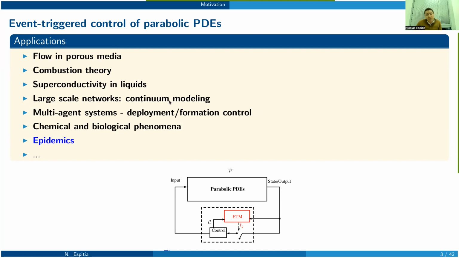And all these applications motivate not only the modeling and control by a PDE setting, but also event-triggered control. In particular, I find that epidemics is quite relevant, and it underlines not only the benefits of using event-triggered control in managing epidemics, but also the need to consider and to handle delays in the process.